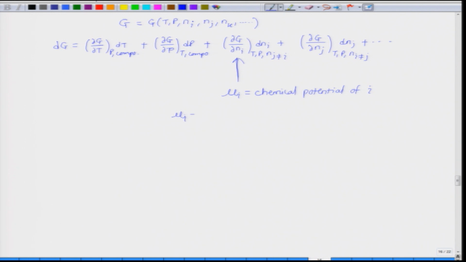So, the chemical potential of I is defined as partial of G with respect to Ni at constant temperature, pressure and all Nj's not equal to I. Now, we have to remember that chemical potential is also a function of composition, right. So, when you make this addition of 1 mole of I, the composition of the material should not change. So, when we define this chemical potential, the addition of 1 mole of I is done to a large bulk of the material such that addition of 1 mole of I does not change the composition significantly.